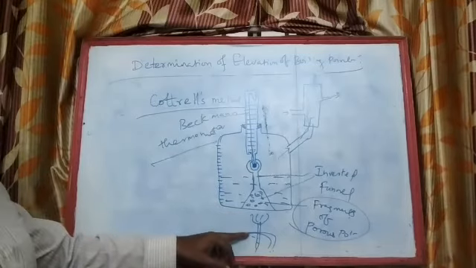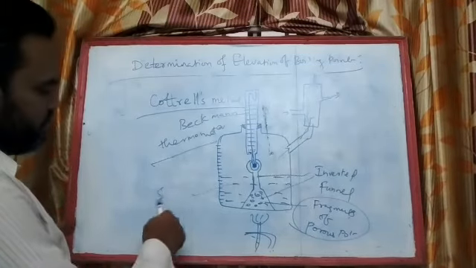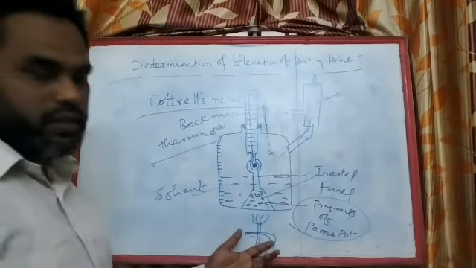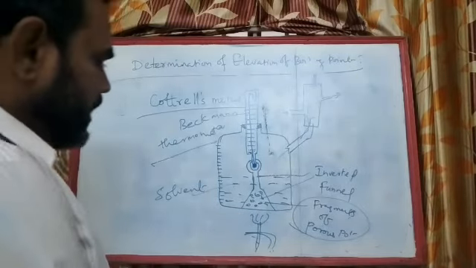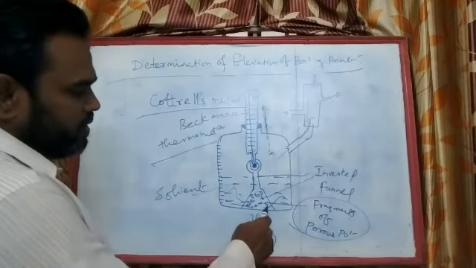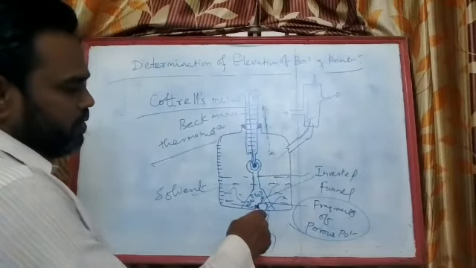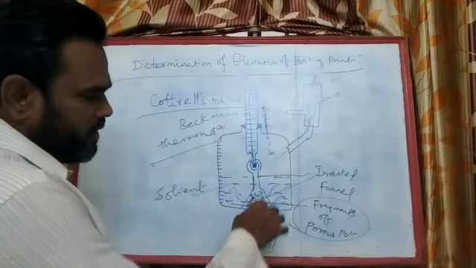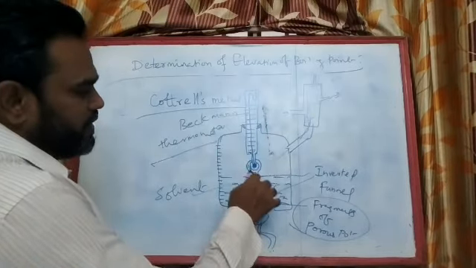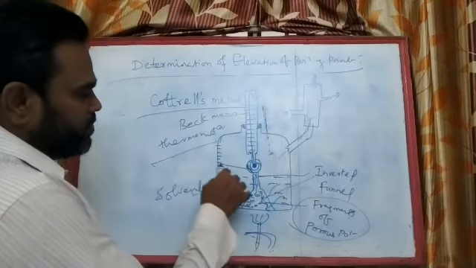When you heat up, first you take up the solvent. Heat the solvent. The heated solvent passes through the porous fragments of this funnel, and directly it elevates through this, where the solution is filled.